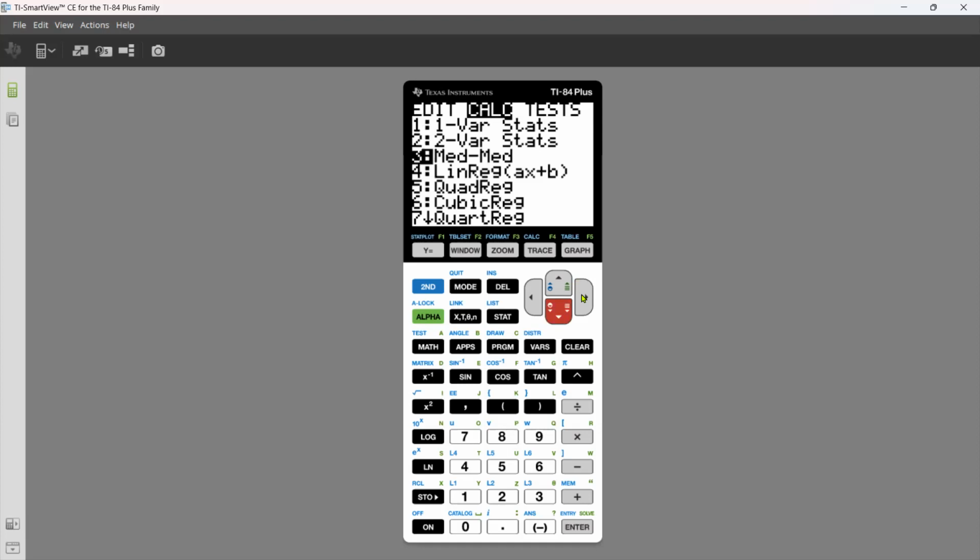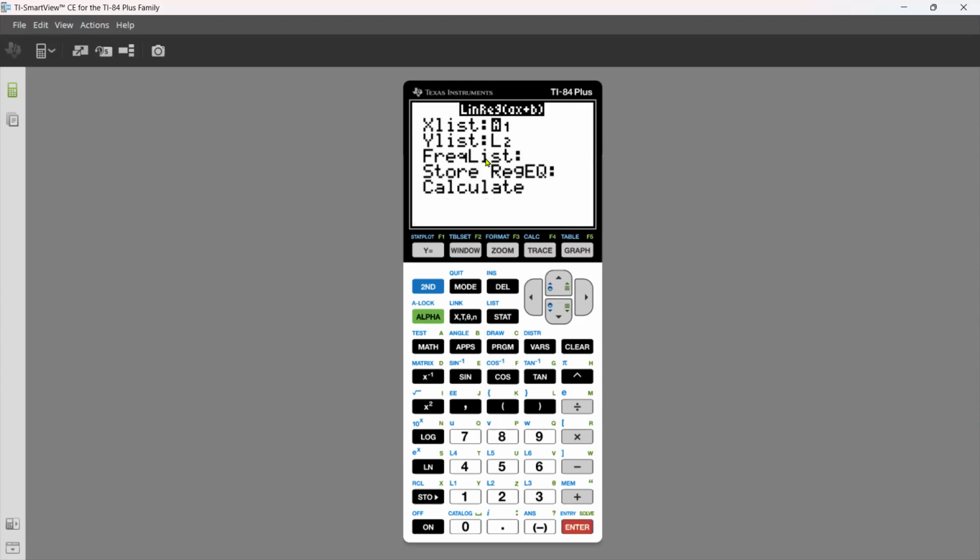There are going to be 2 of them: linear regression AX plus B and linear regression A plus BX. We want the one with the A first, the AX plus B. So we want number 4.